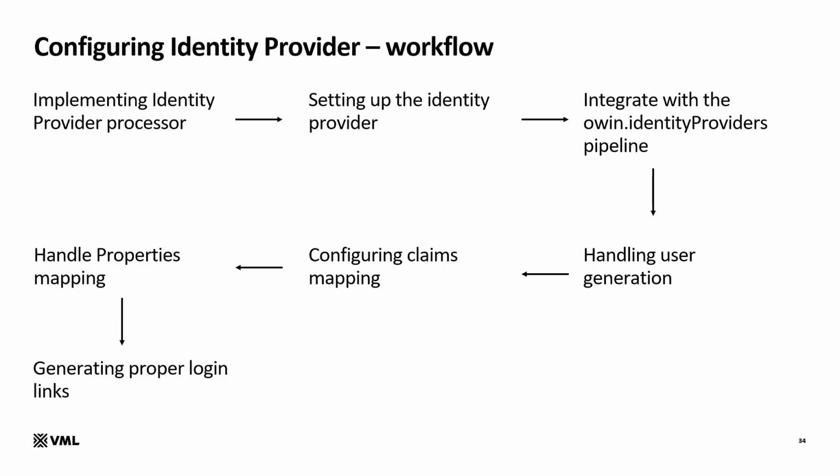So how can we configure that in Sitecore? We have that workflow. First, we need to implement an identity provider processor, so we have some piece of code that will actually do that stuff. We need to set it up properly in configuration, and then we need to tell the identity providers pipeline that, okay, you should use that identity provider.